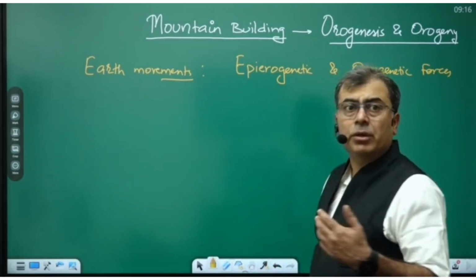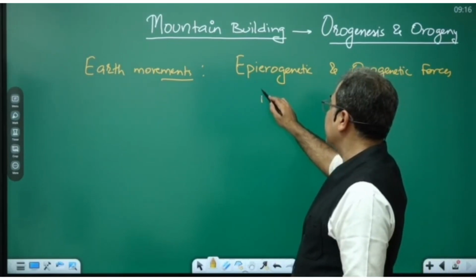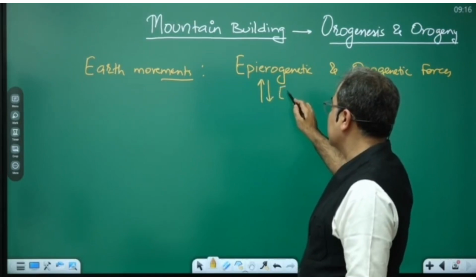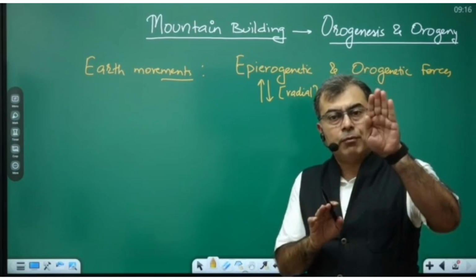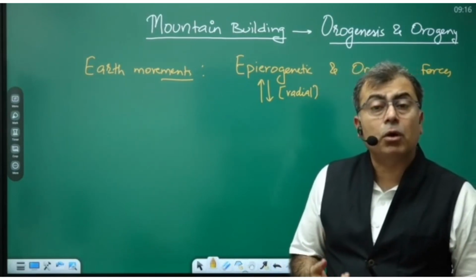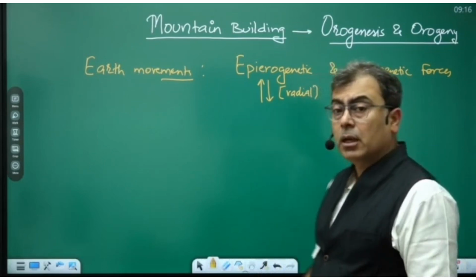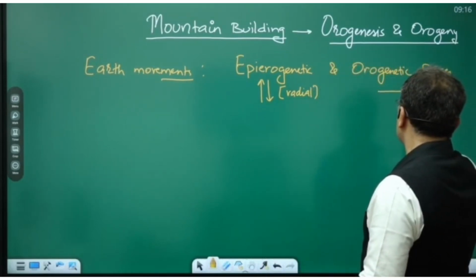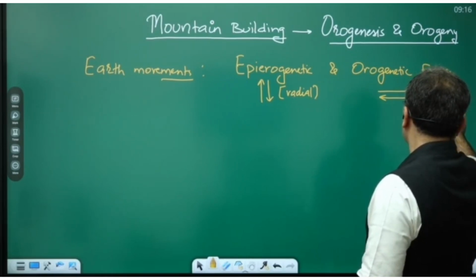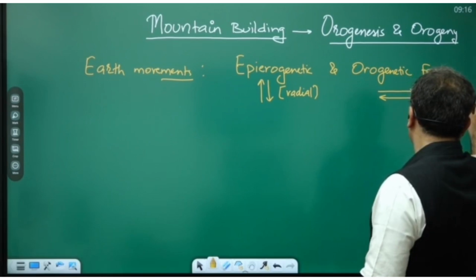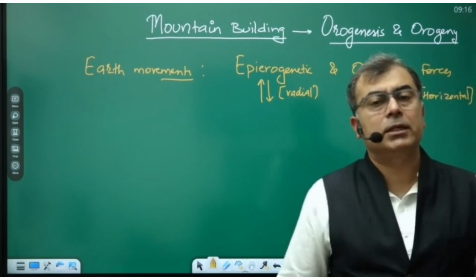If I'm just doing a recap of that, I said epirogenetic are radial forces. They're coming upward. They were also called continent building forces. Yes or no? And orogenetic forces were the horizontal forces. So this we have already talked about.